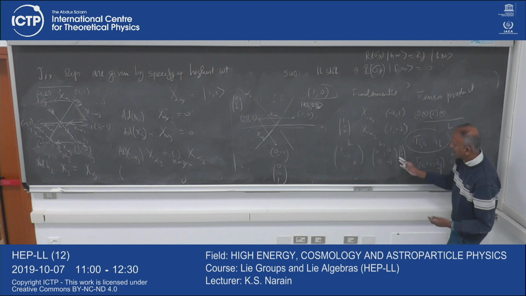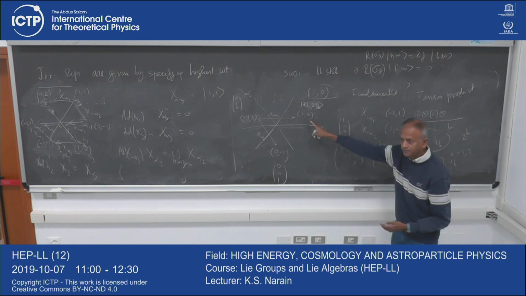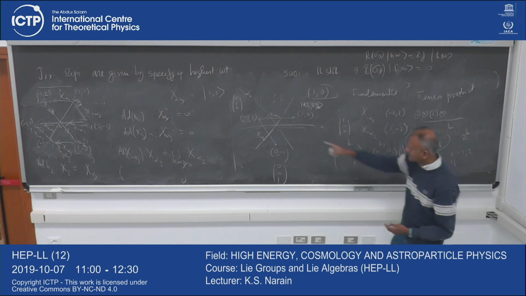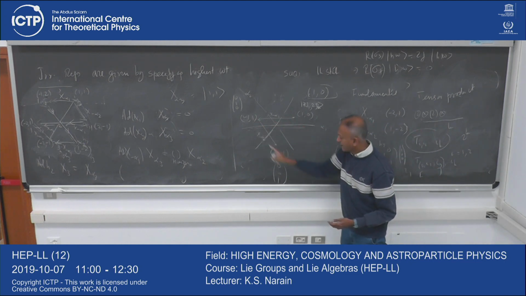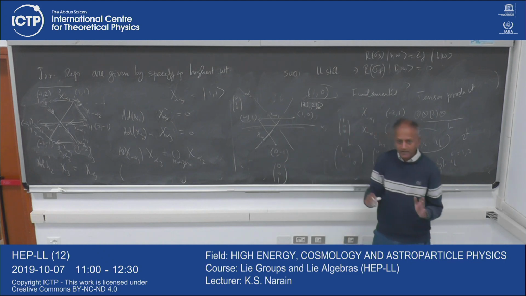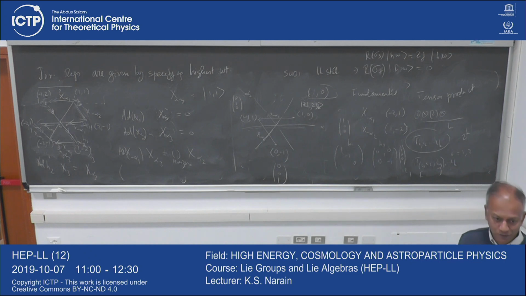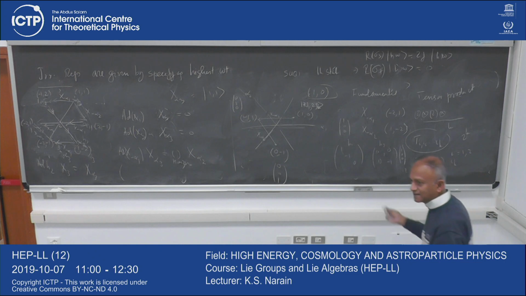Now I ask for the eigenvalues of various states. So the 1, 0, 0 state has exactly these eigenvalues, the 0, 1, 0 state has these eigenvalues, and the 0, 0, 1 state has these eigenvalues. So these are exactly the eigenvalues of the fundamental representation, the defining representation. That is how we defined SU3, right? We didn't call them the weights. Yeah, these are the weights, exactly.